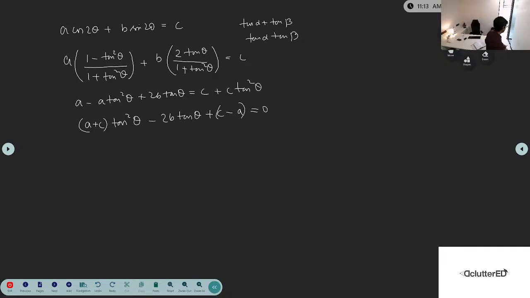Do you see the magic that has happened here? By simply converting cos 2 theta and sin 2 theta in form of tan, straight away by simply using sum of the roots and product of the roots, we know tan alpha plus tan beta is 2B by (A plus C), and tan alpha tan beta is (C minus A) by (A plus C).